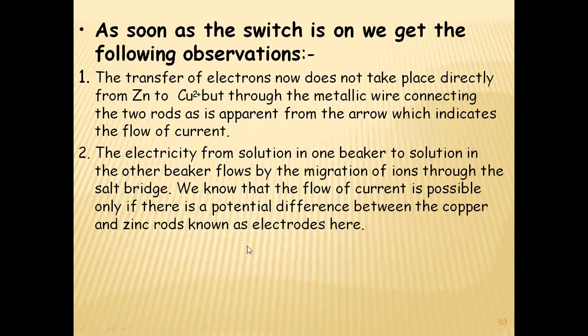As soon as the switch is on, we get the following observations. Once you turn on the switch, we will observe many things. First, the transfer of electrons now does not take place directly from the zinc to Cu2+, but through the metallic wire connecting the two rods, as shown by the arrow which indicates the flow of current.